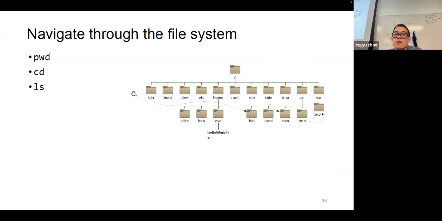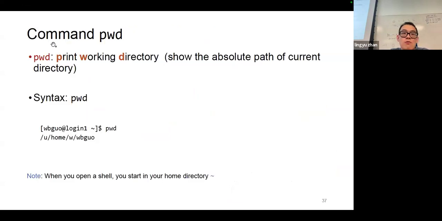To navigate through the file system, there are three commands that we commonly use: pwd, cd, and ls. I will talk about what they mean. pwd simply stands for print working directory.